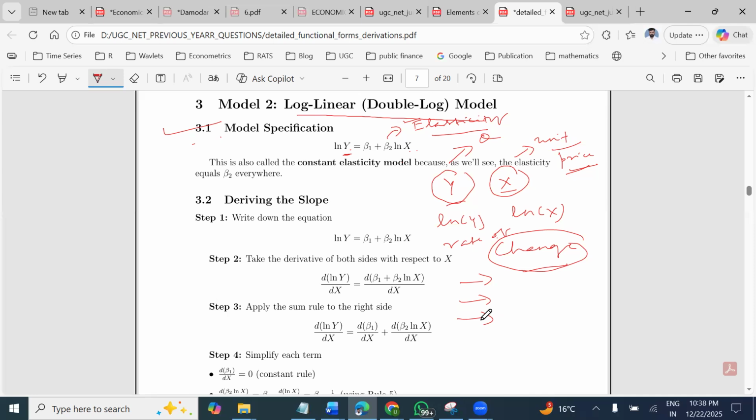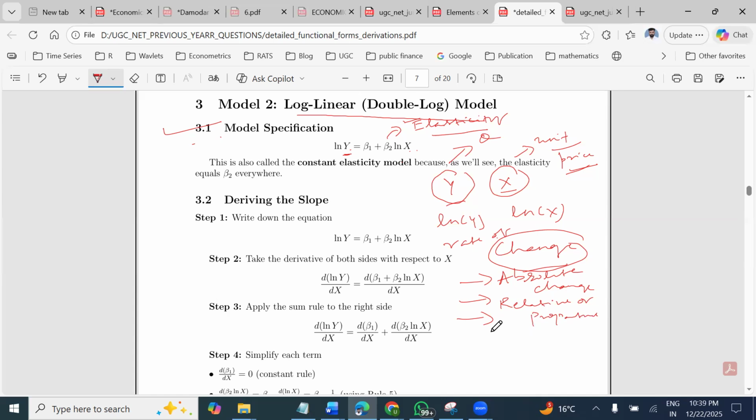Not positive, negative or constant. It is absolute change, then relative change, or proportional change. Then percentage change, or percent growth rate.